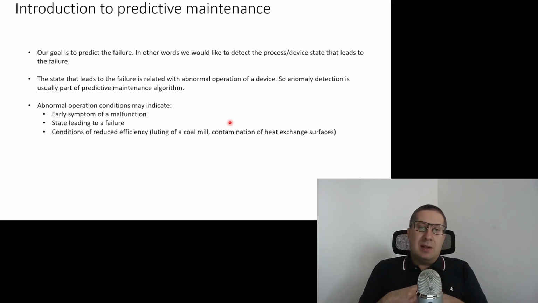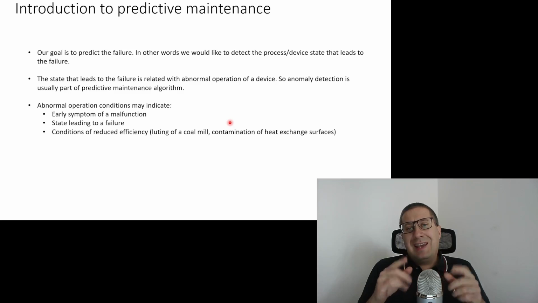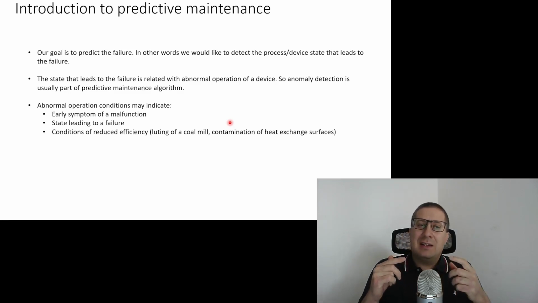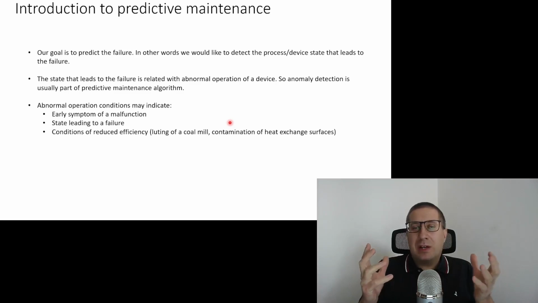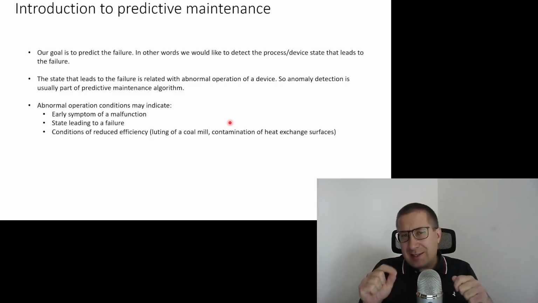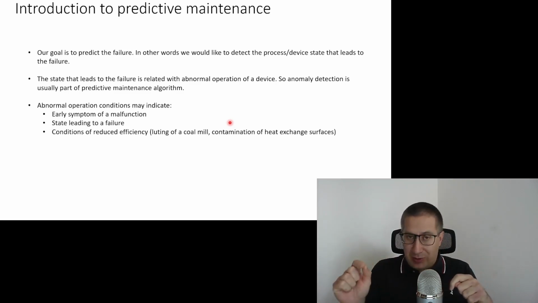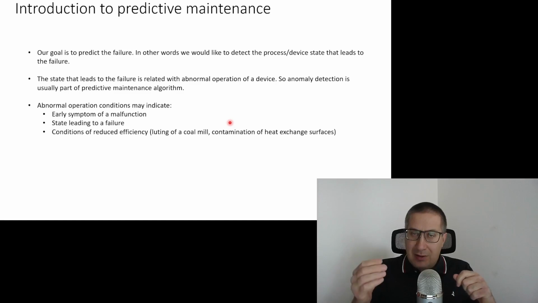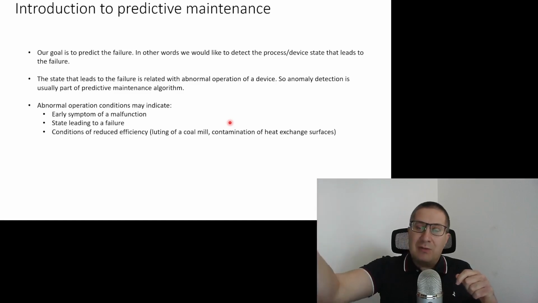Okay, so in the predictive maintenance, our goal is to predict the failure, so detect the process state that leads to the failure. This is the holy grail. We would like to detect the state of the process or of the device that is associated with the upcoming failure.